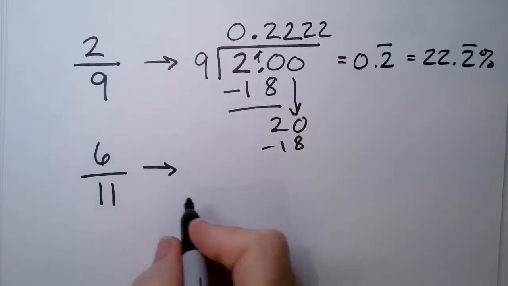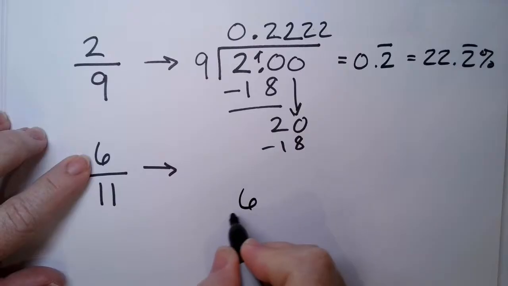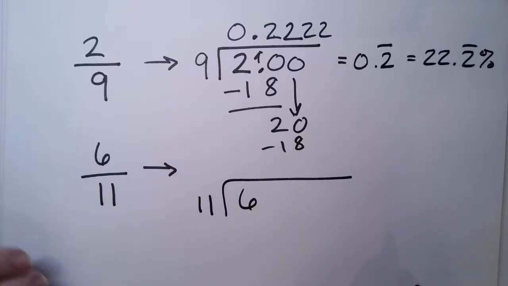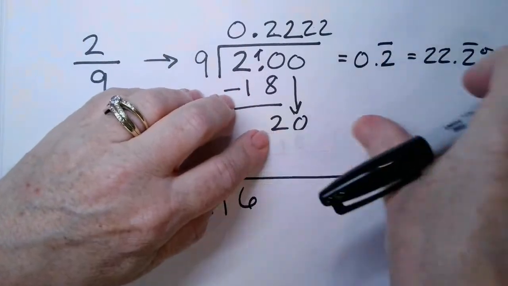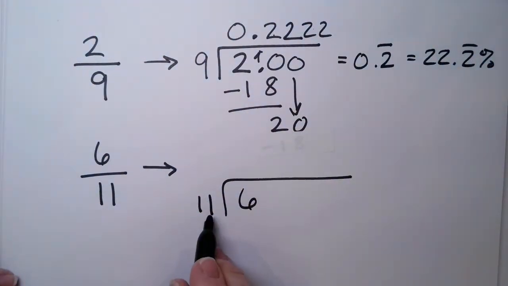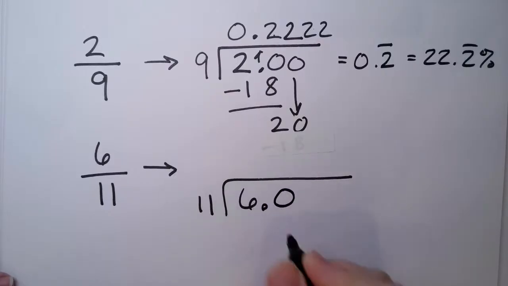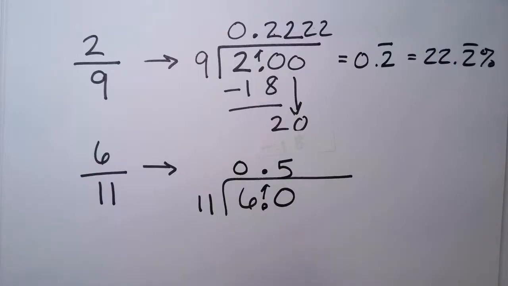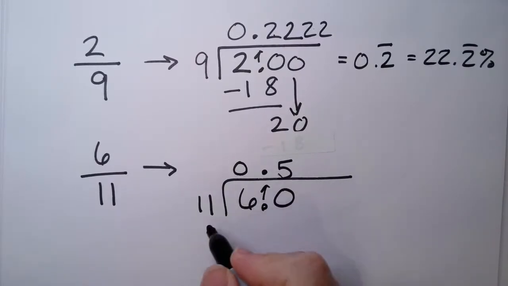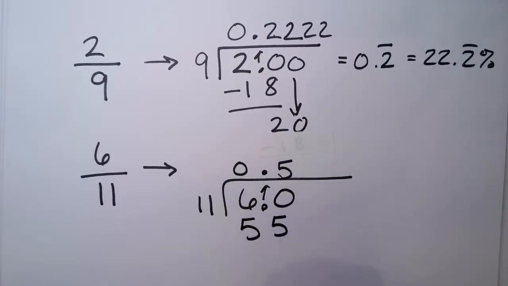Okay. 6/11, same way. The 6 is going to go in the box. The 11 goes outside the box. And let me scratch out the 18 so it doesn't interfere with what we're doing. All right, so 11 doesn't go into 6, but it goes into 60 5 times. Make sure you push up your decimal point. 5 times 11 is 55.